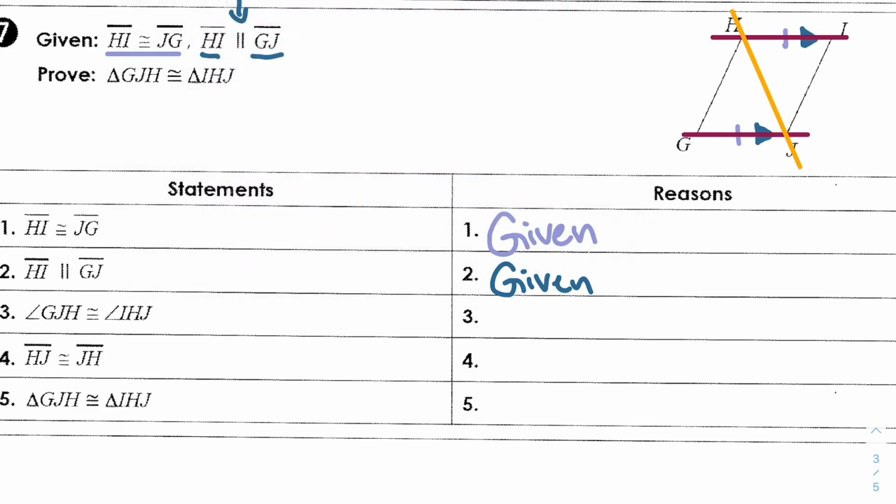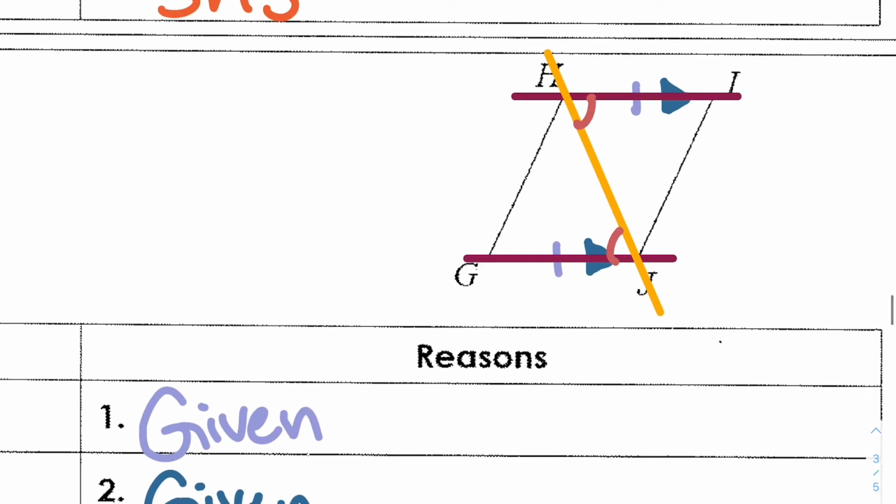They are congruent. Again, I'm going to use a different color than that. This is GJH, and this is IHJ. And they're congruent. Why are they congruent? Well, this yellow line is the transversal. Are these angles on the same side of the transversal? No, they're not.